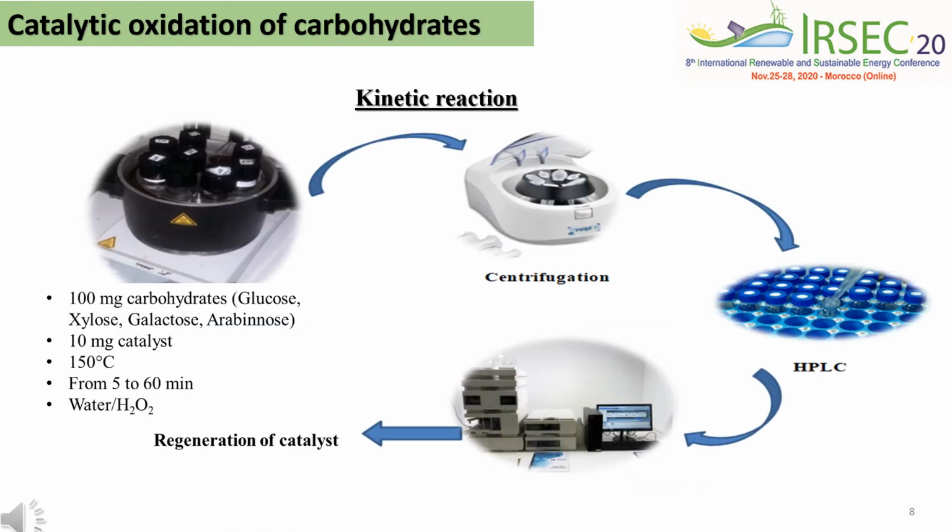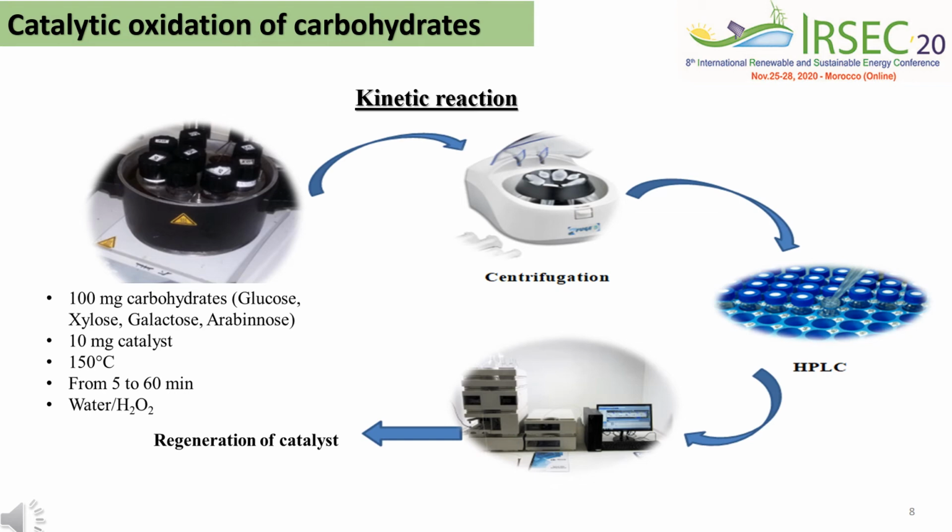So the obtained mixed zinc vanadium oxide is used in carbohydrate oxidation, where the reaction consists of a kinetic study using 100 mg of carbohydrate, glucose, xylose, galactose, and arabinose, mixed with 10 mg of catalyst at 150 degrees Celsius.